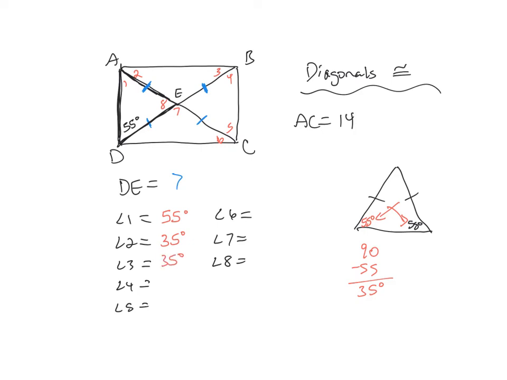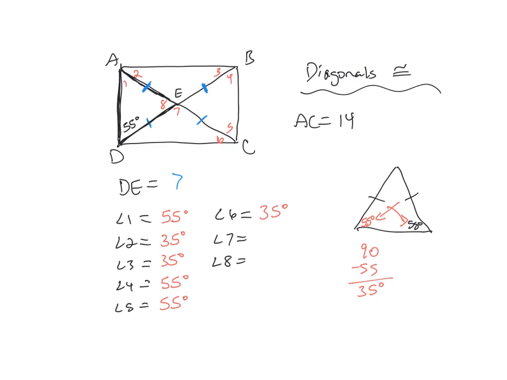Well, 3 and 4 together are 90. I think you can see a pattern start to happen here. Angle 5, that's another isosceles triangle. Okay, angle 6, that makes a 90. Okay, and so 7 and 8 are up in the middle.